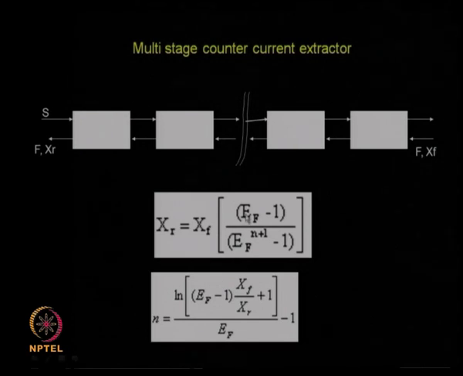Okay. So the E remains constant in each stage, and n here in the denominator is the number of stages. So this is the equation for a multi-stage countercurrent process. If you remember the previous equation for a system where you have cross flow, and if you look at this countercurrent, both are very different types of equations.